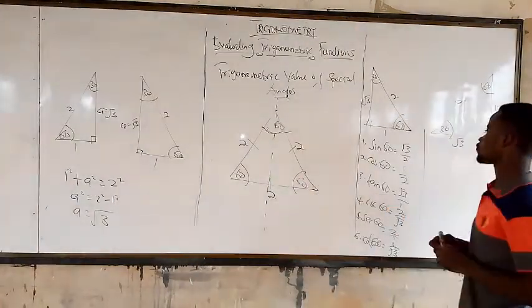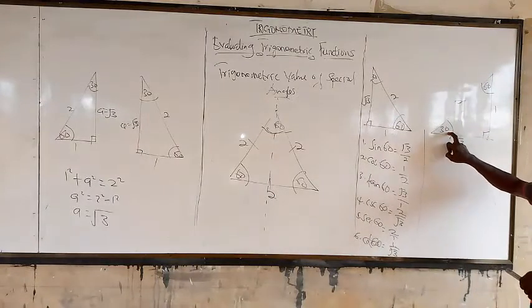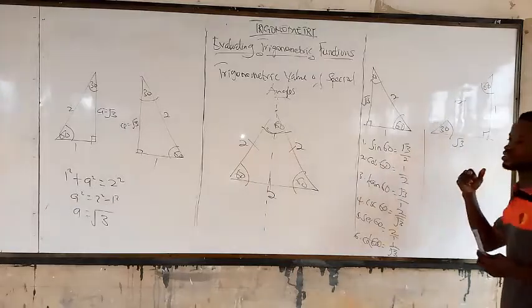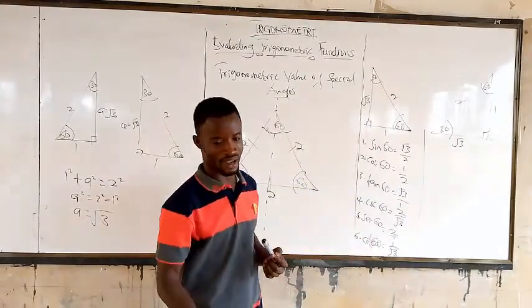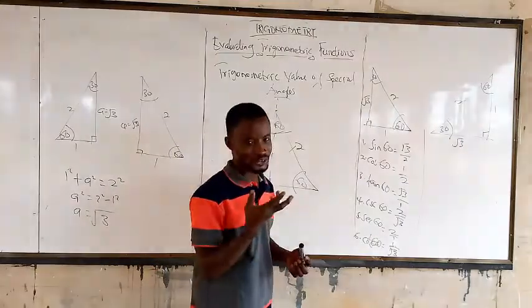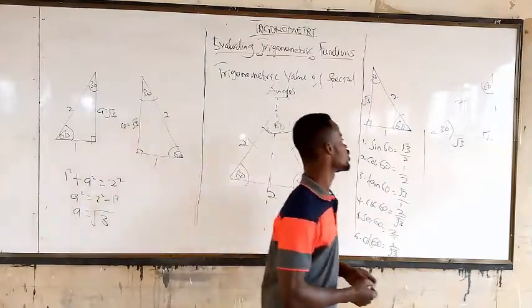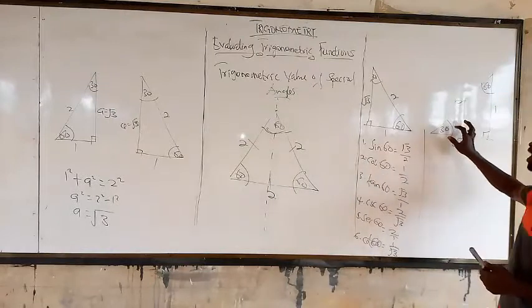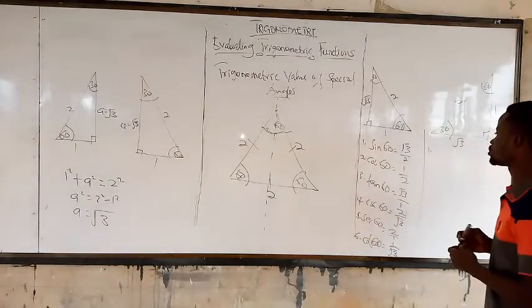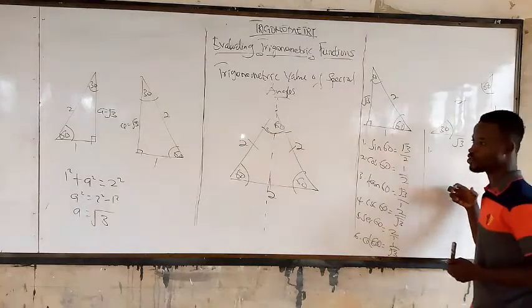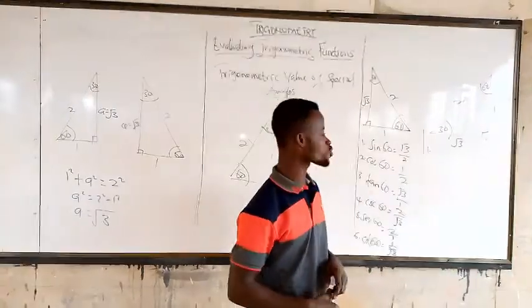Now let's go for the reference angle. I haven't come to reference angle yet, so I don't want to use the word reference, alright? When we base our angle on 30 degrees, I would like you to do this one for me. Try this.